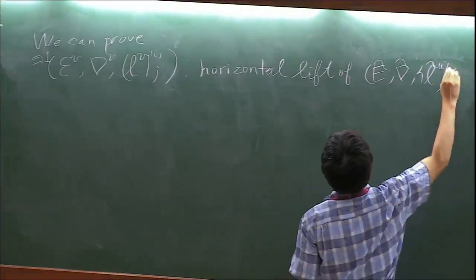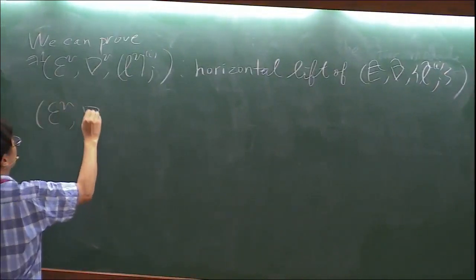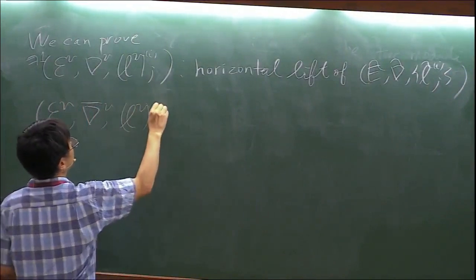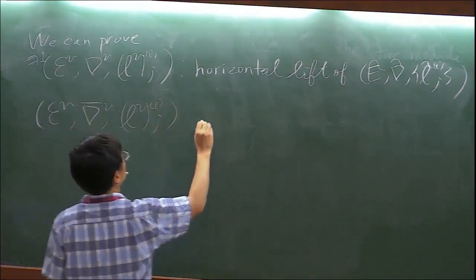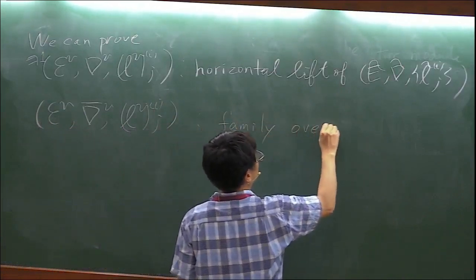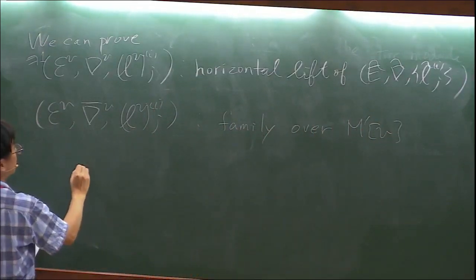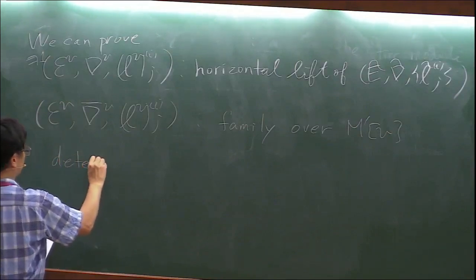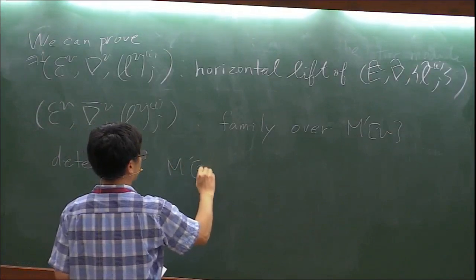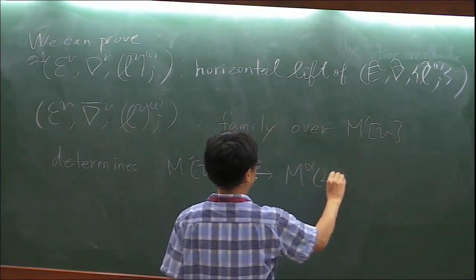Okay. And then the corresponding relative connection is a family of parabolic connections over M prime V. Then this determines a morphism from M prime V to the moduli space M alpha nu.